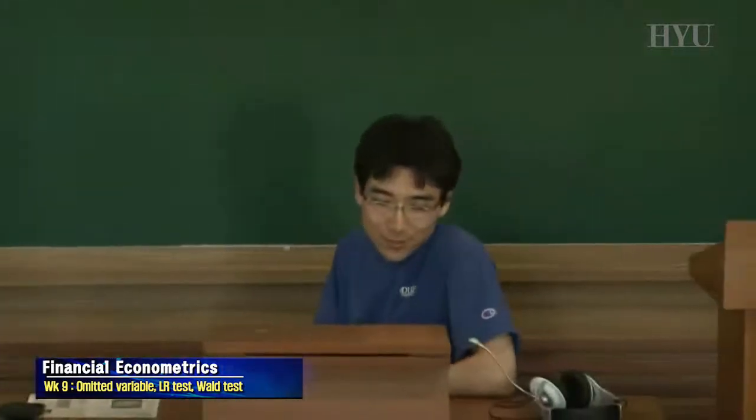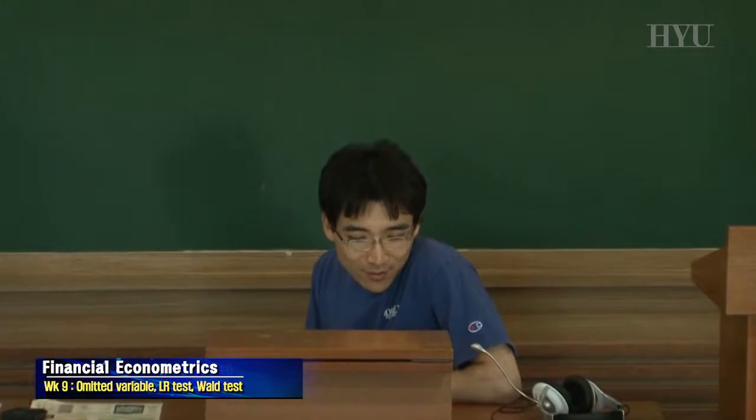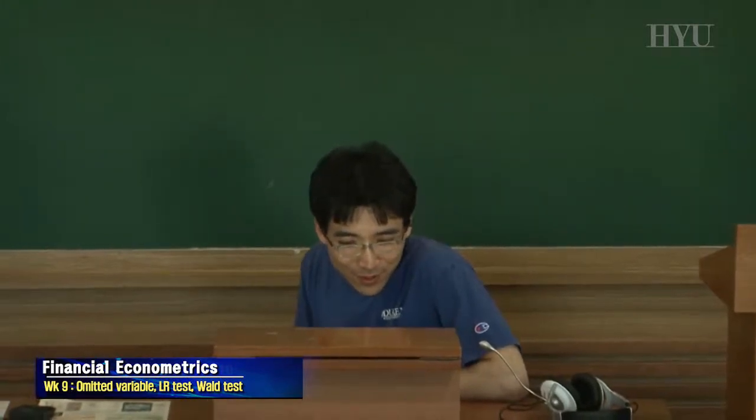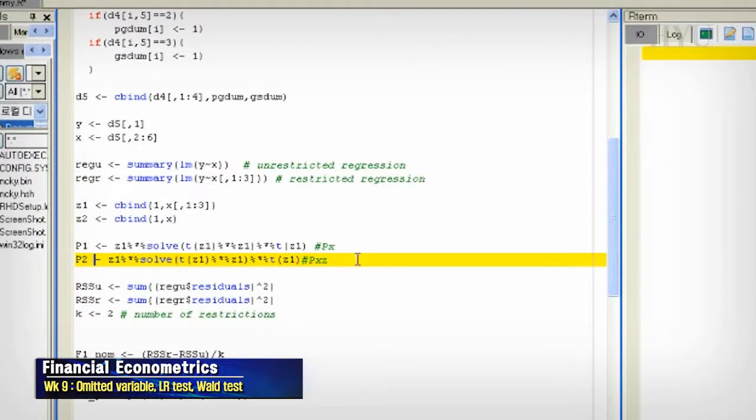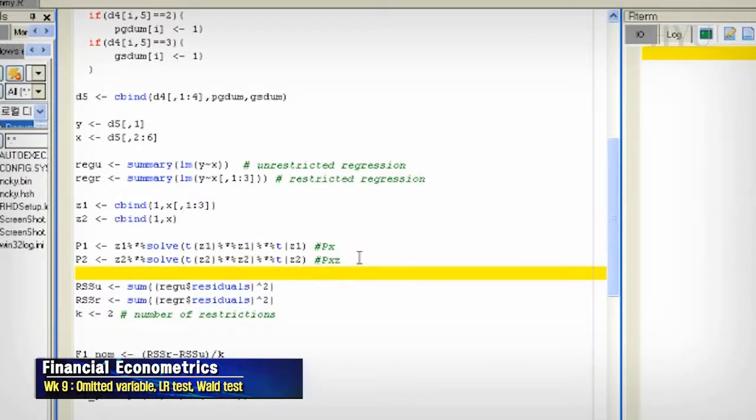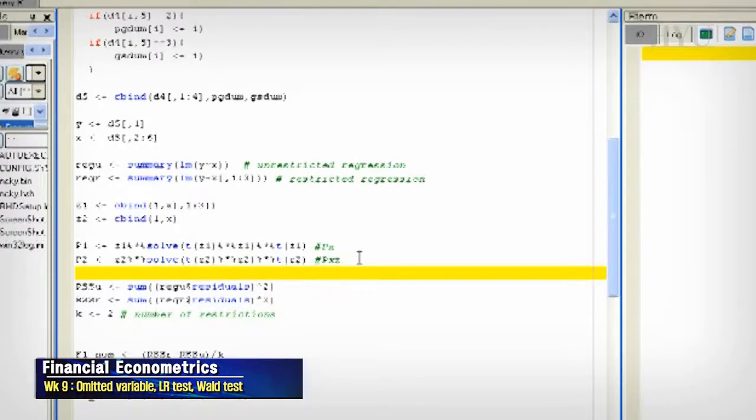And then second, I need a projection matrix PXZ. So I copy this one and paste it, and add 2 everywhere. PXZ simply means the unrestricted one.